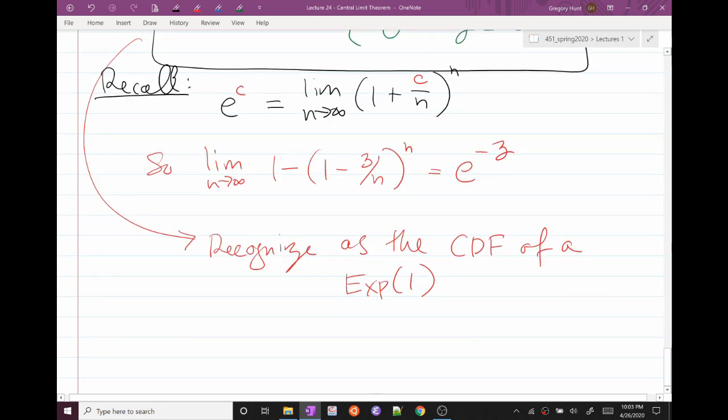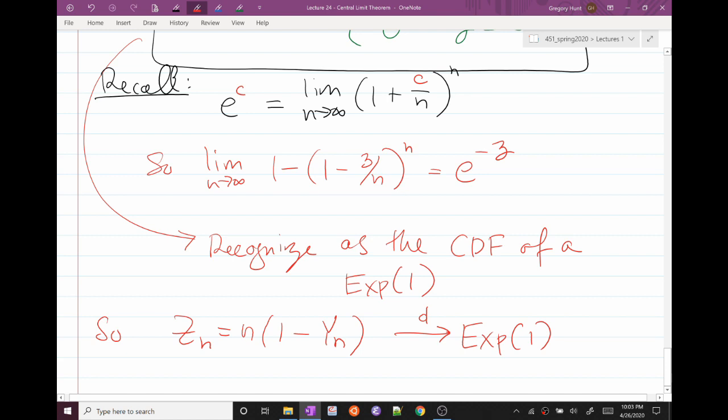And so what this means is that z sub n, which is n times 1 minus the maximum, converges in distribution, because we've shown the CDFs converge, to an exponential 1.